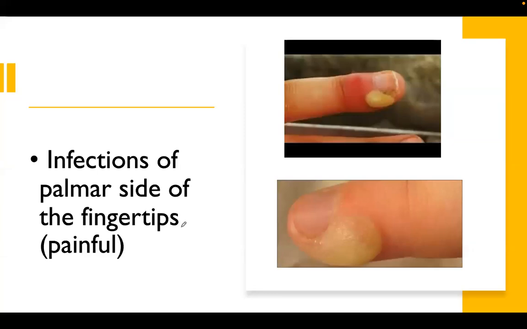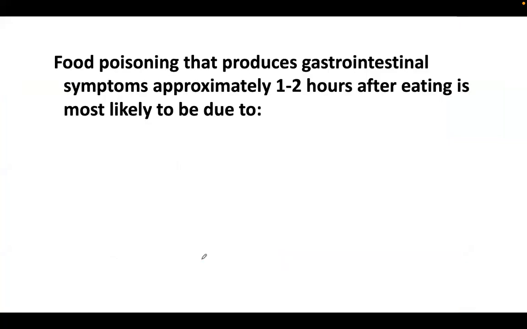What do we call the infections which are found on the palmar side of the fingertips? Okay, this is what we call felons. So please take note of this. These are called felons.